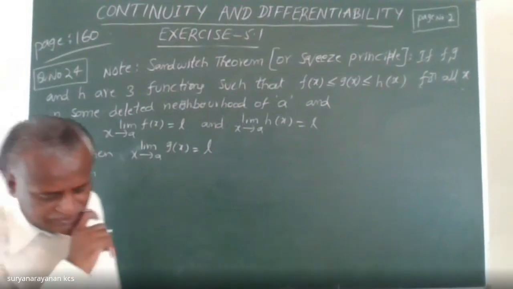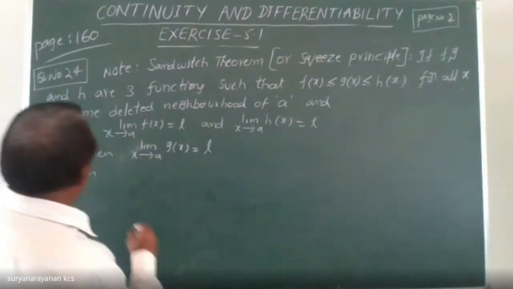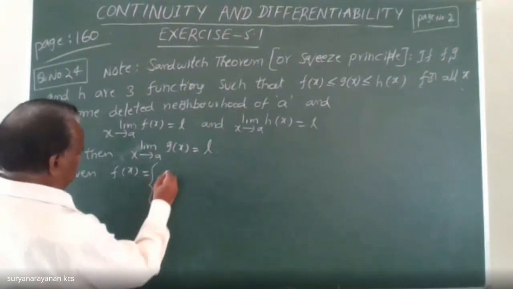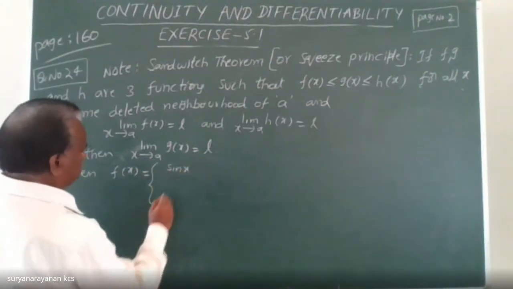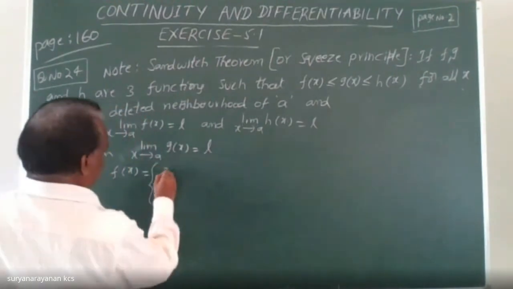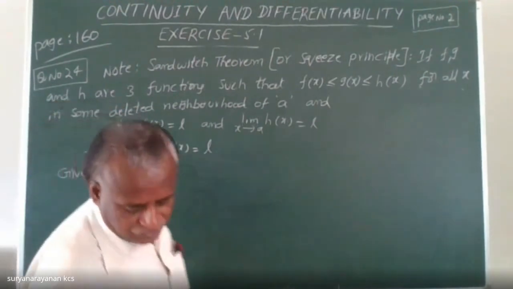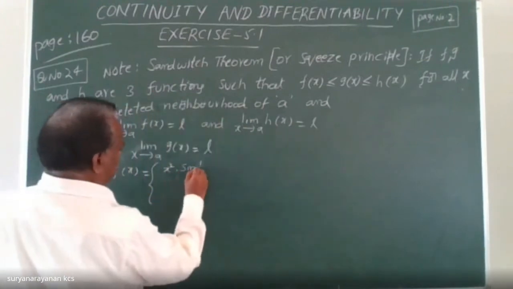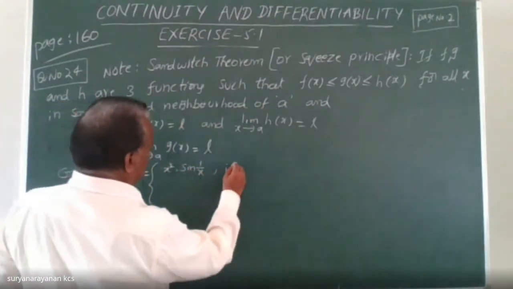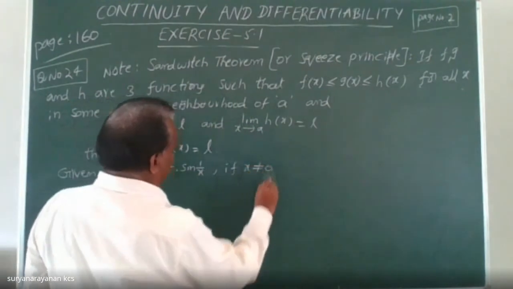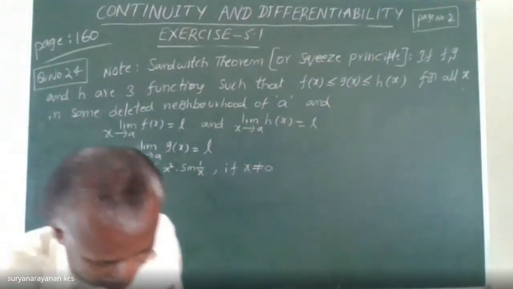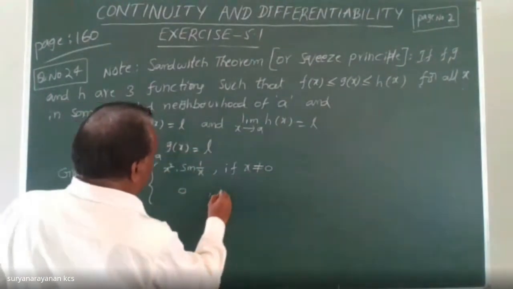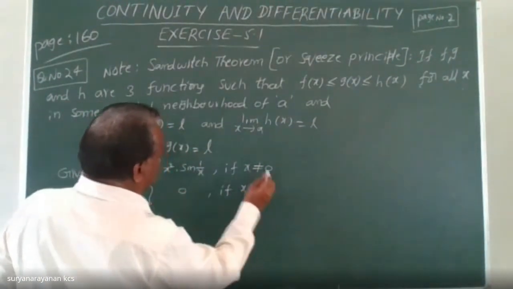Given f of x is equal to x square into sine 1 by x if x is not equal to 0, and f of x is equal to 0 if x is equal to 0.